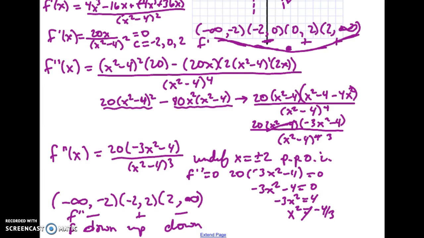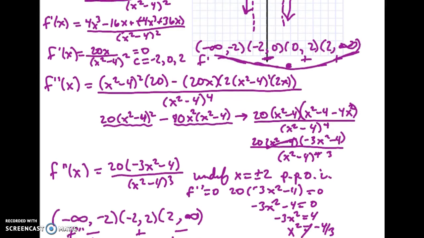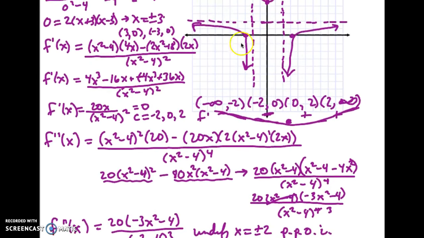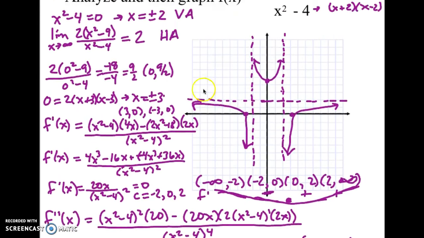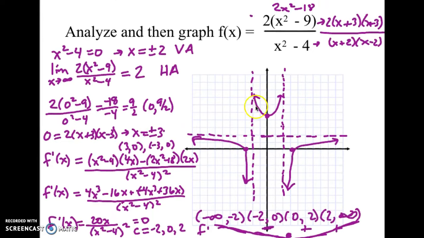Alrighty, so let's check our graph and see if that corresponds. From negative infinity to negative 2, our graph should be concave down, and it is. From negative 2 to 2, the graph is concave up, and from positive 2 to infinity, it's concave down. That shouldn't be very straight. That should be curved down, but that's what happens when I draw on this tablet.